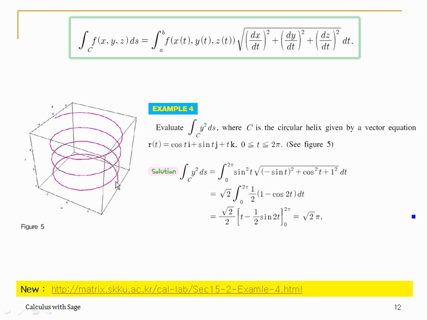We want to integrate y squared on this curve, from 0 to 2 pi. So we integrate y squared ds.